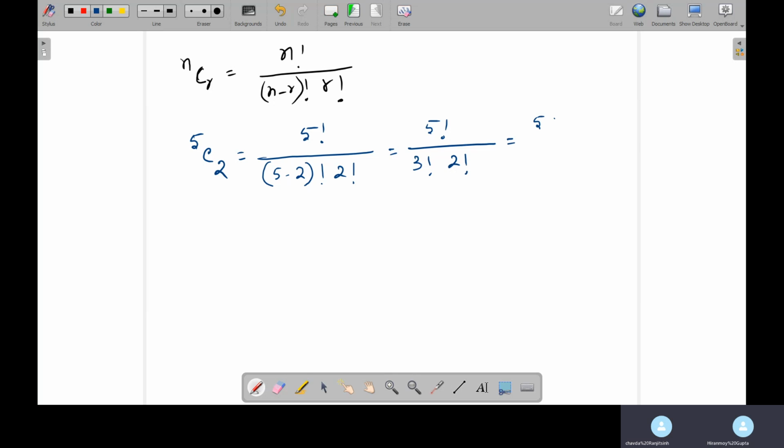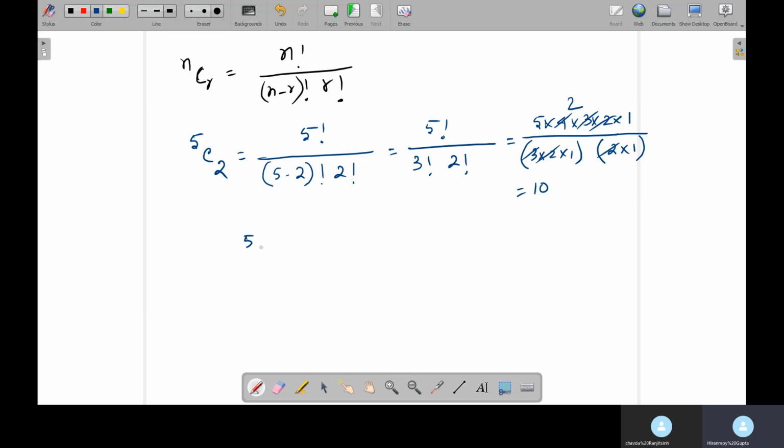So 5 times 4 times 3 times 2 times 1. If you make a factorial of 5, you will get this expression. Now 3 factorial means 3 times 2 times 1, and 2 factorial means 2 times 1. Now you can do cancellation of values. So you will get 10.